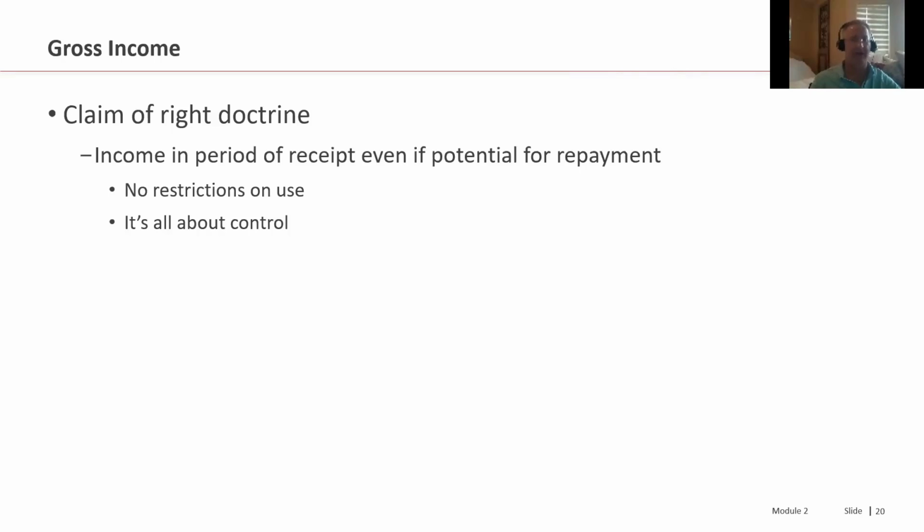The claim of right doctrine was developed by the courts and has been absorbed by the IRS, adopted by the IRS, because it makes sense for them. So basically it means that you have income in the period of receipt, even if there's potential for repayment. And that potential requires either some future event to occur or that there's no restriction on it.